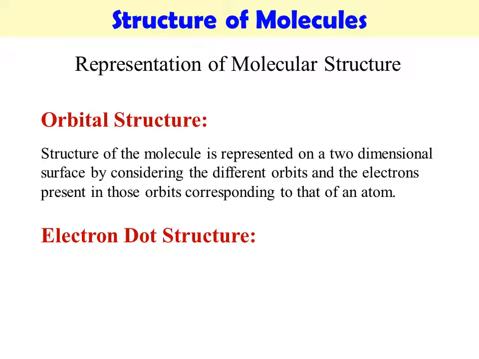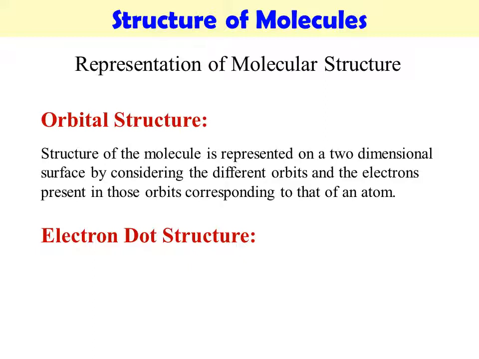Every orbit has a certain capacity to hold electrons, and those electrons are presented there.